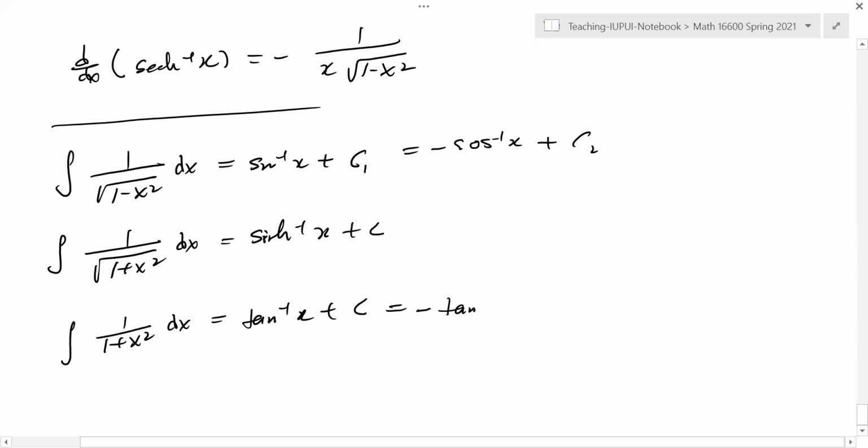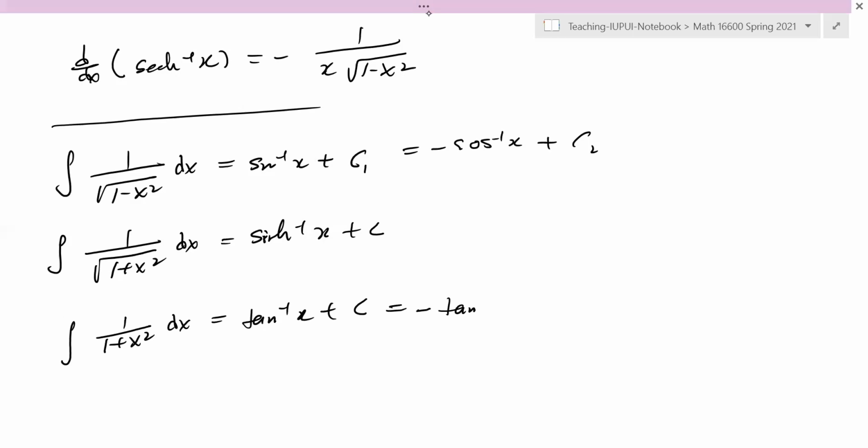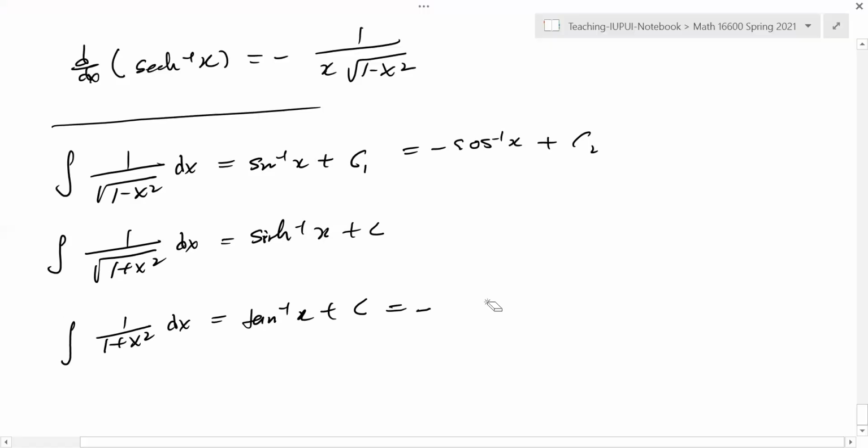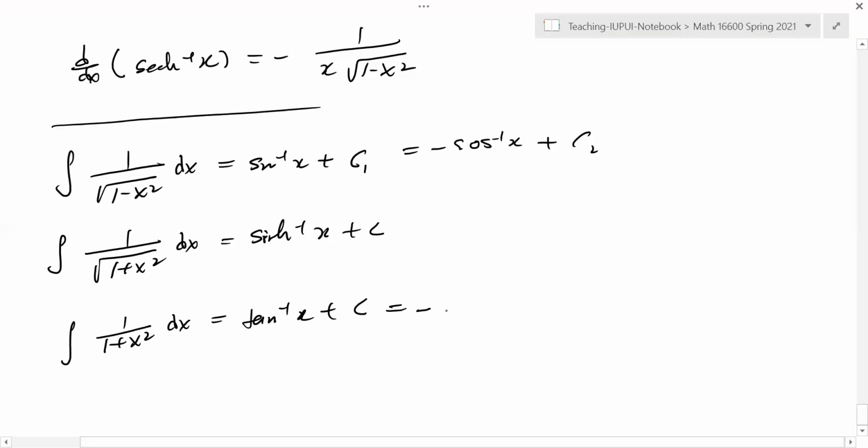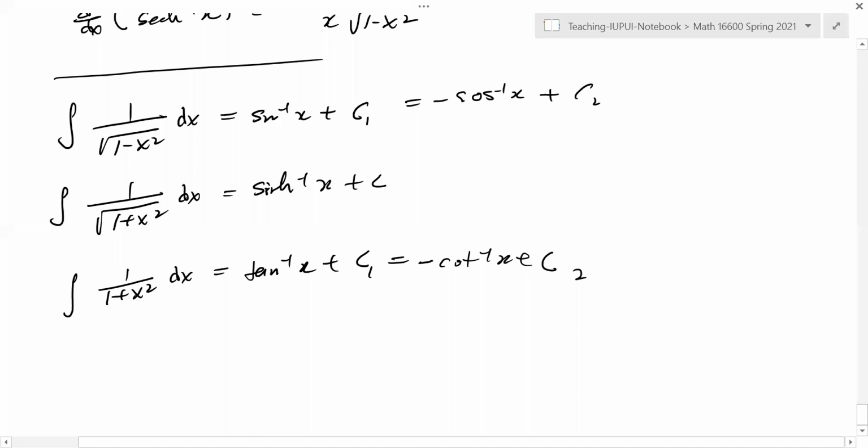So sometimes it is not a unique expression. They differ by sign.